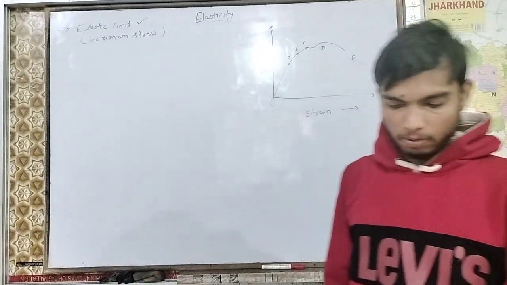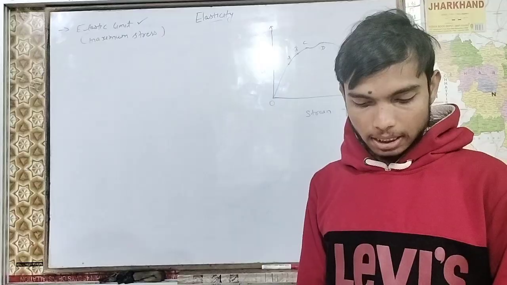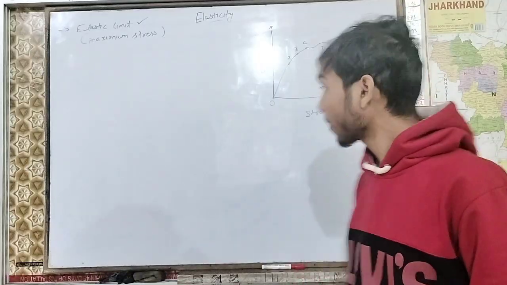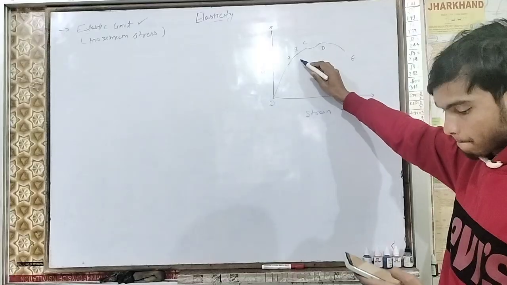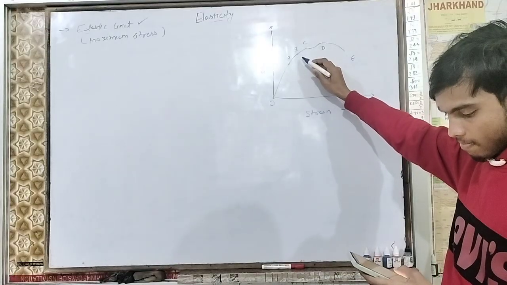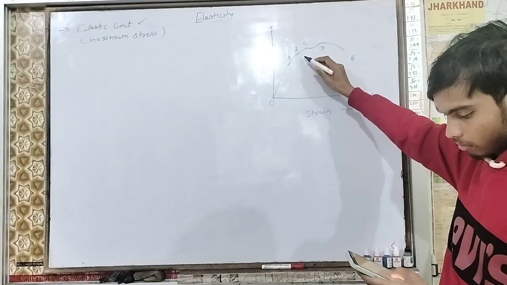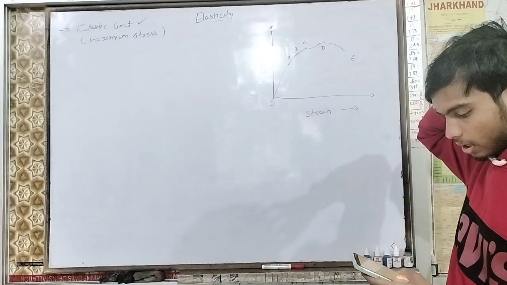In the shown figure, this type of behavior is represented by OA. Where is OA? This OA, the portion of the graph.